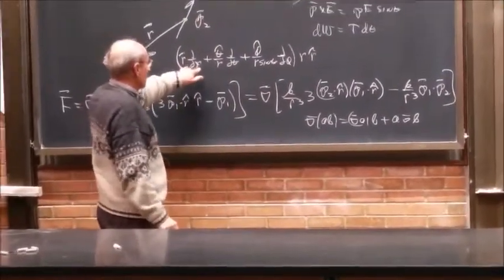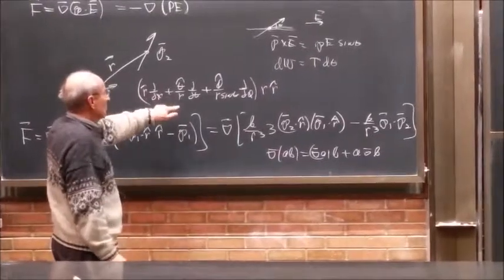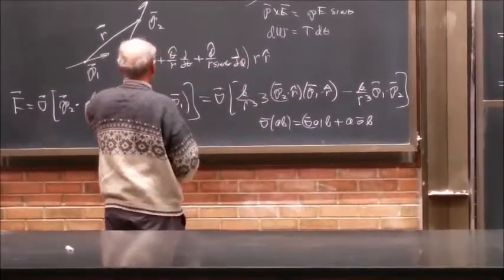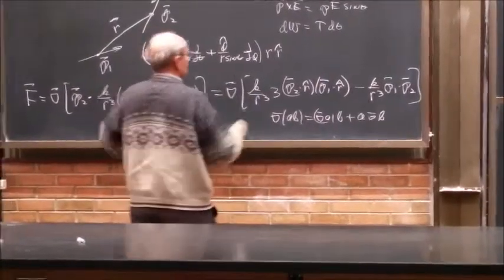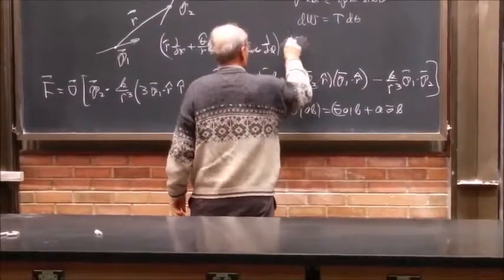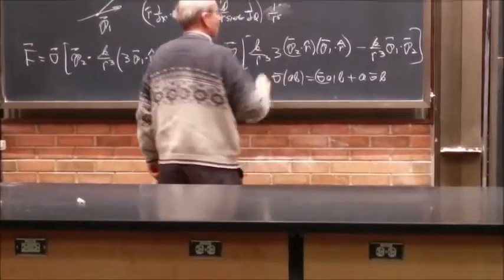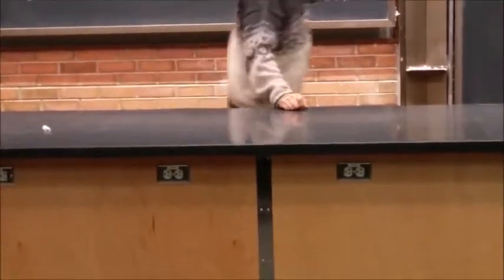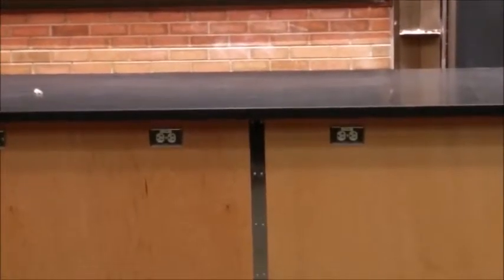Okay? This one gives you the derivative of this, which is 1 times, well, not r hat, it's 1 over r to the 5th. Right here.